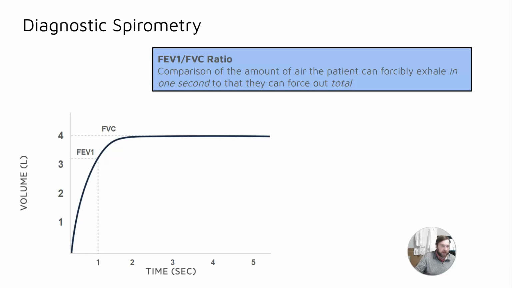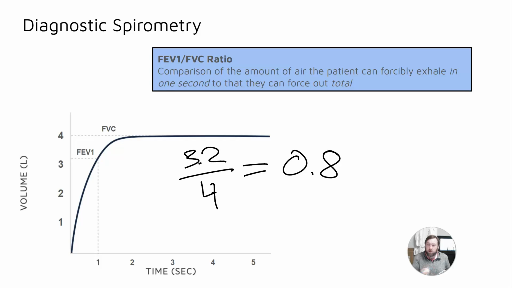Here I'm going to compare the FEV1 of 3.2 to the FVC of 4, and when I divide those two numbers, I'm going to get 0.8. You could also put this in terms of percentage, 80%. What this tells me is this patient could breathe out 80% of their vital capacity in just 1 second, and that is really, really good.